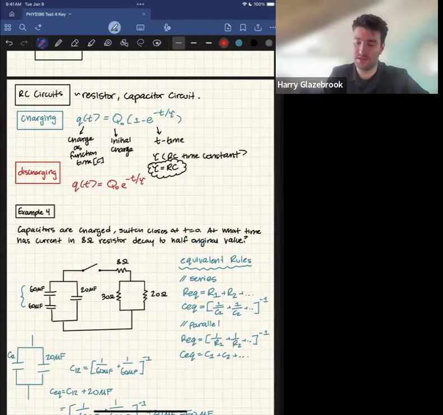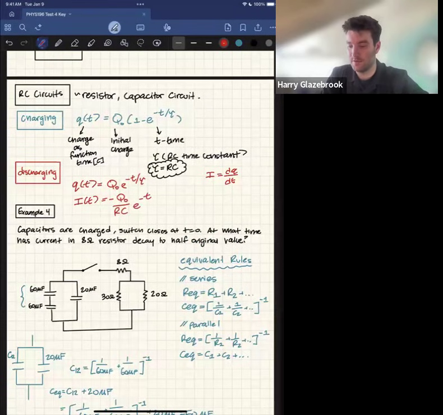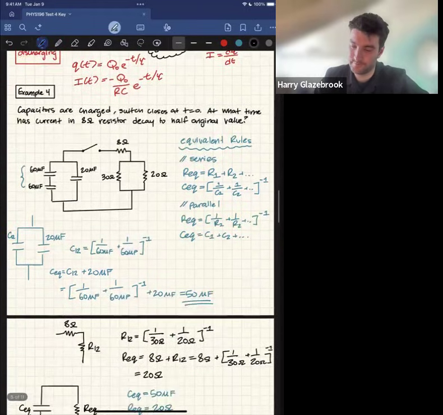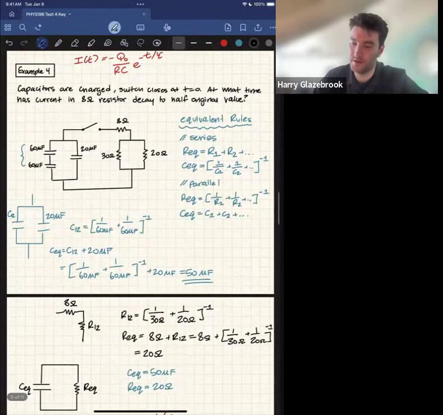If you want to find it, just take the derivative of charge, because I is dq dt. So the current as a function of time is negative initial charge over resistance times capacitance, e to the negative t over tau. Awesome. So I want to know at what time the current in the 8 ohm resistor has decayed to half.